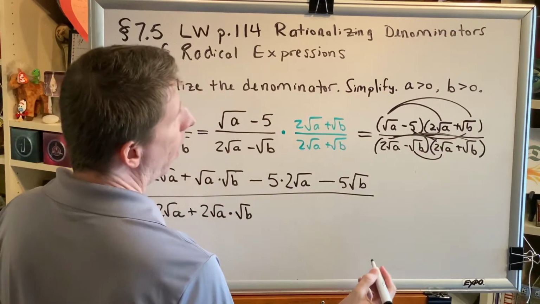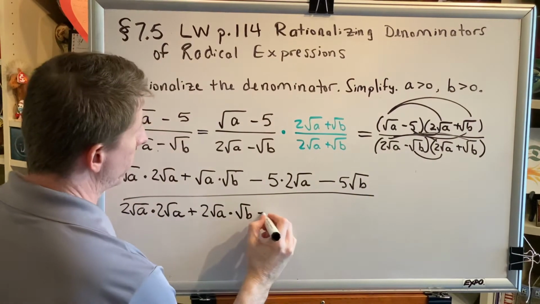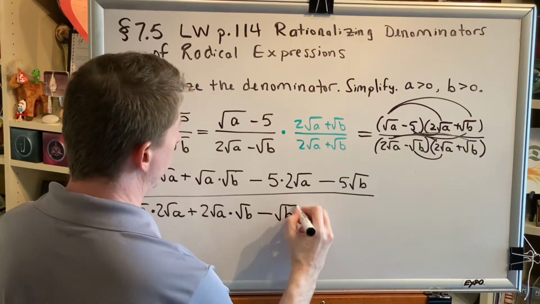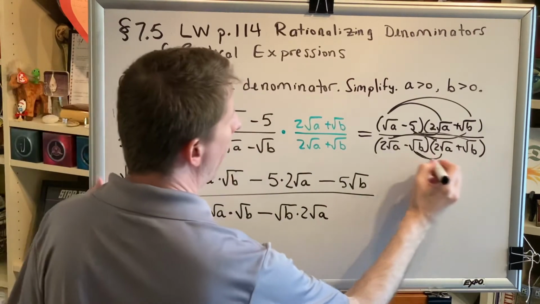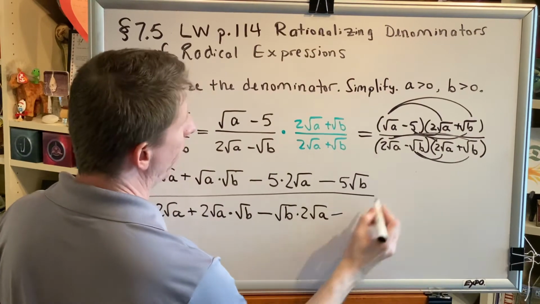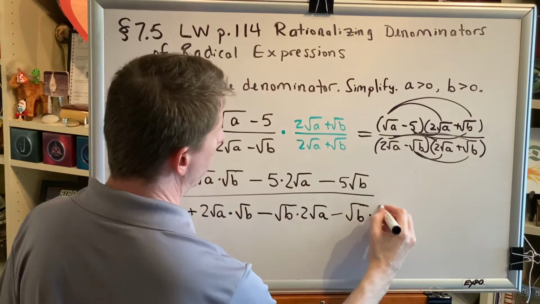Next, the I part of FOIL. I've got a negative times a positive, which makes a negative, and a root b times 2 root a. And then finally, the L part of FOIL. I've got a negative times a positive, which is a negative, and I've got a root b times another root b.